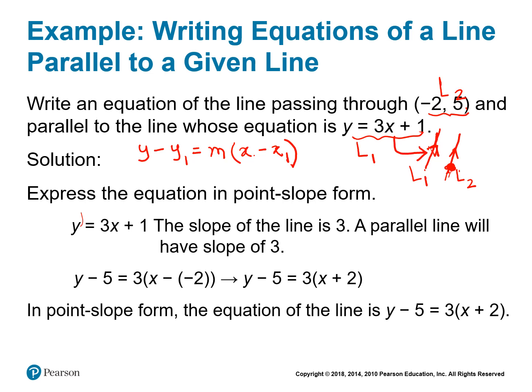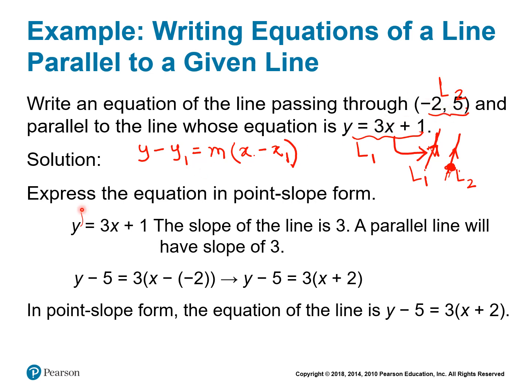So y minus y1 equals m, which is the slope, times x minus x1. This is the point slope form. It's called the point slope form because it has information on the slope and a point that we are going to plug in here.